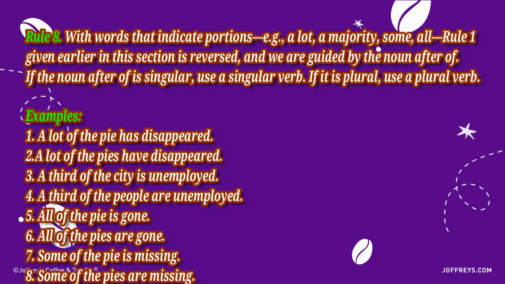If the noun after "of" is singular, use a singular verb. If it is plural, use a plural verb. Example: A lot of the pie has disappeared. A lot of the peas have disappeared.